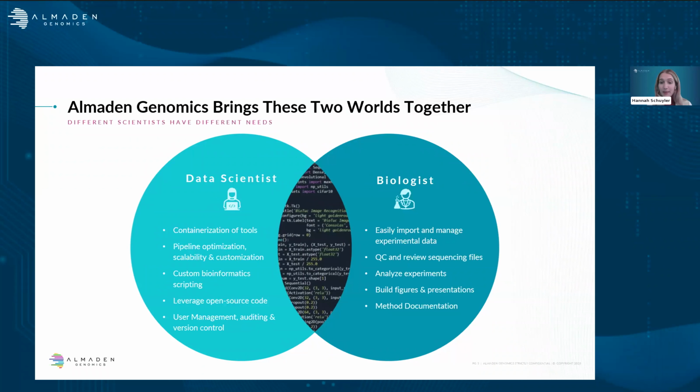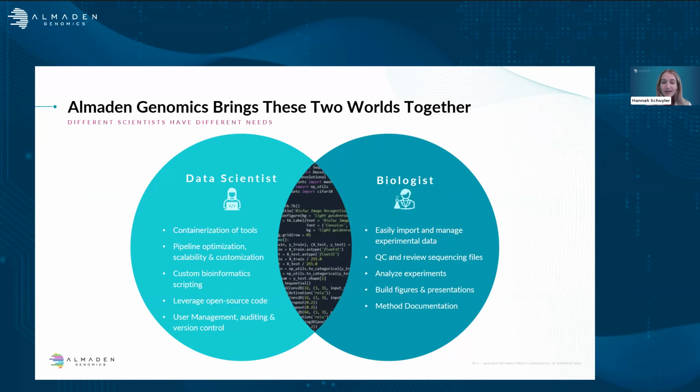And it's possible that they may not know code. So having to build a pipeline might be a little bit scary for them. And so they often are relying on bioinformaticians to do this analysis for them. This can be a time-consuming process. There's not necessarily a common language between both parties, and it's not necessarily an easy process.